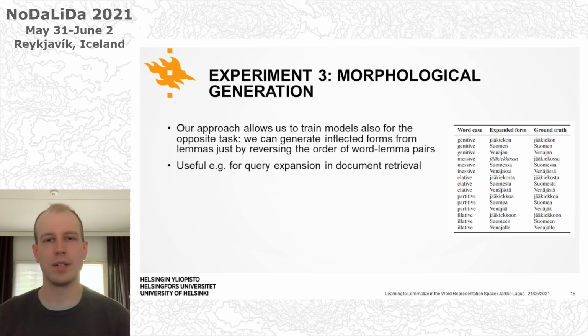This task can be useful, for example, if you have some kind of query expansion required, for instance if your search engine doesn't support word embeddings or doesn't do smart search, so that it would know to look for these partial results as well.